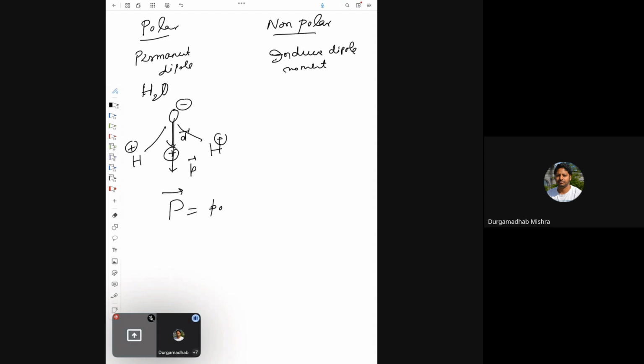Another interesting thing which you should be aware of here is this P, which is called the polarization. This polarization is a vector which is defined as the dipole moment per unit volume.